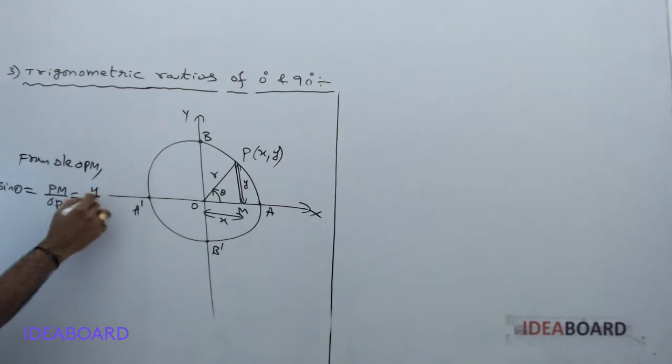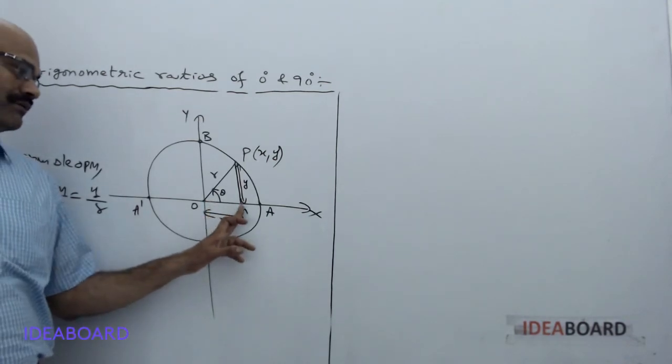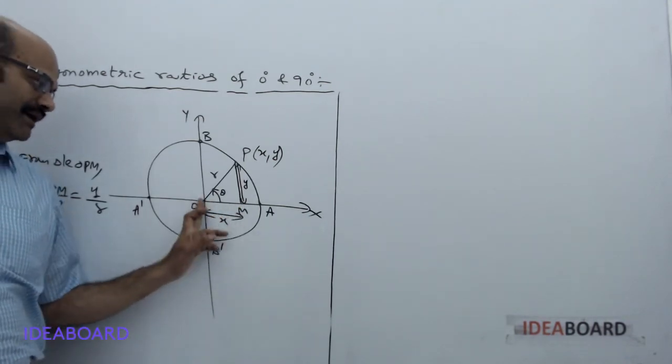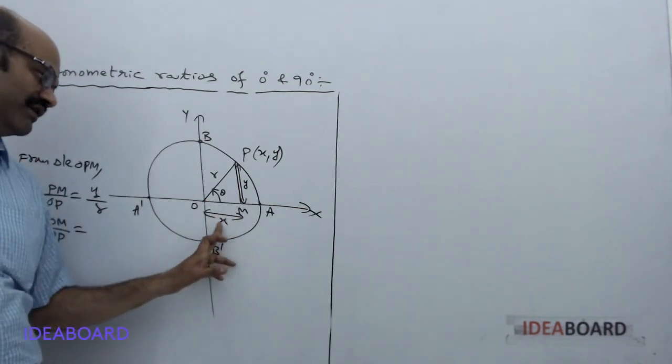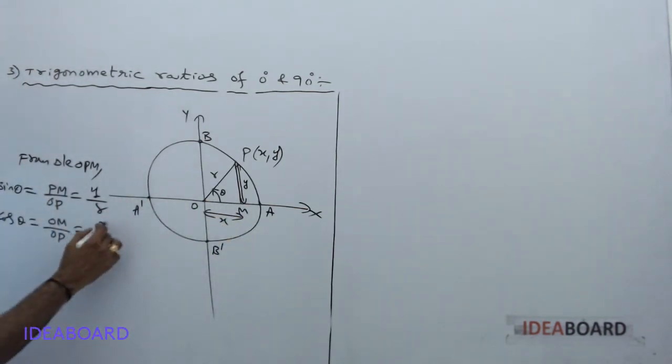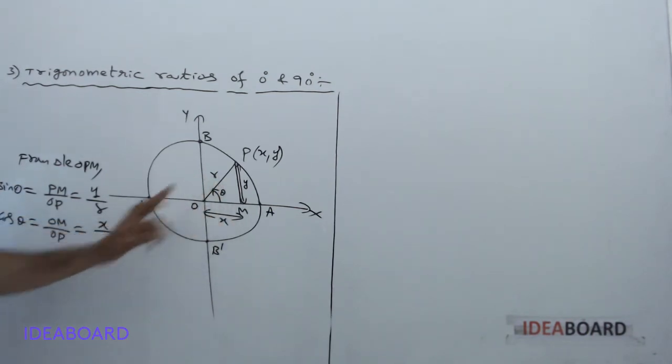So PM equals y, so sin theta equals y by r. Now cos theta equals OM by OP. The length of OM is x, and the hypotenuse length is r, so cos theta equals x by r.